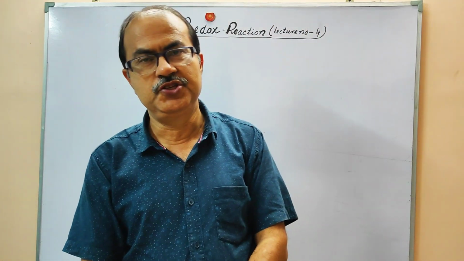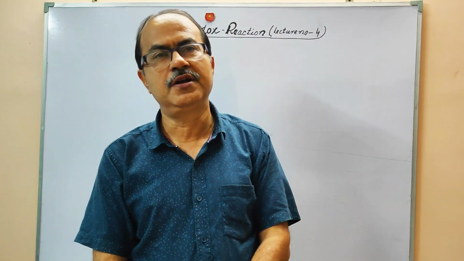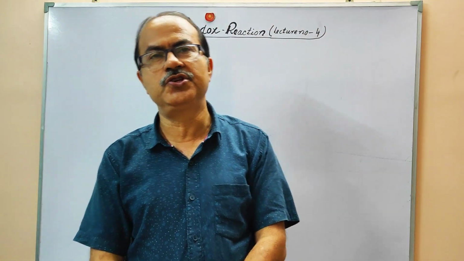So far we have discussed different aspects of this chapter. In the first lecture we discussed the classic idea of oxidation and reduction reactions. Then in the second lecture we correlated these ideas with electron transfer when a chemical reaction is going on.